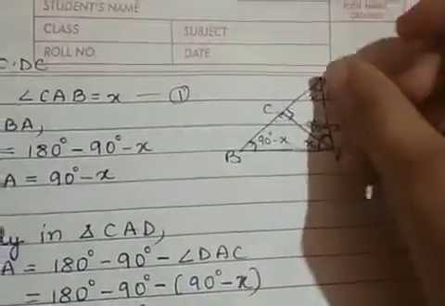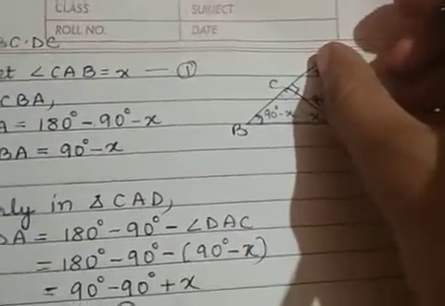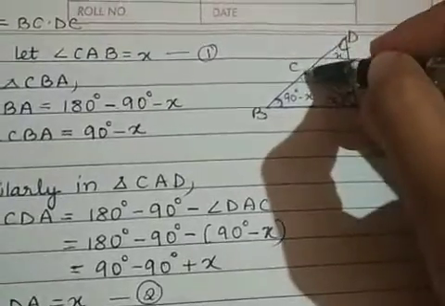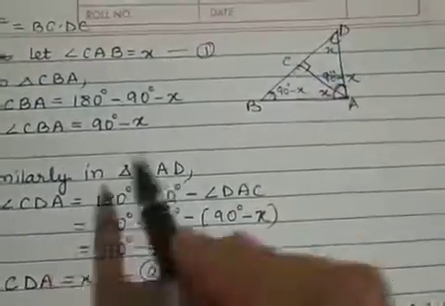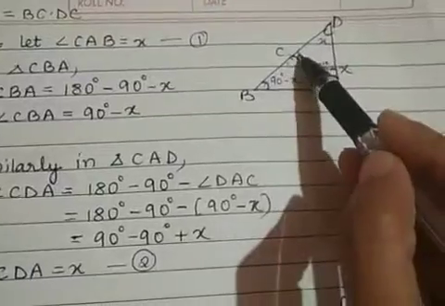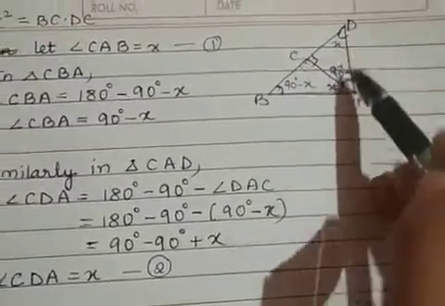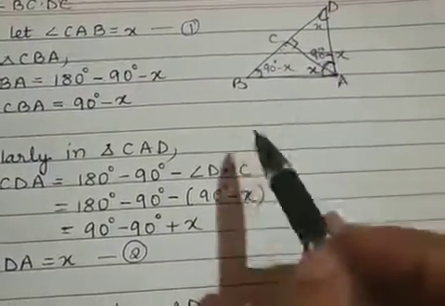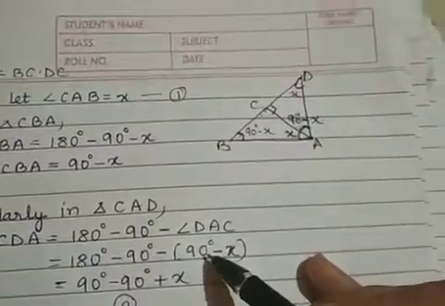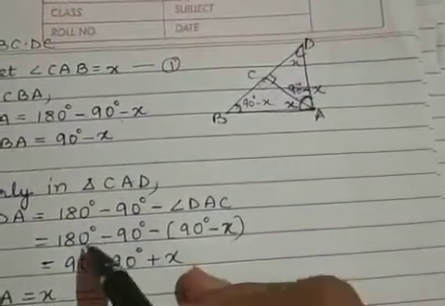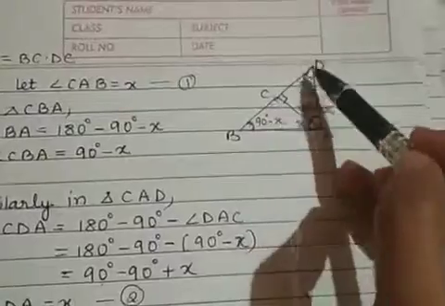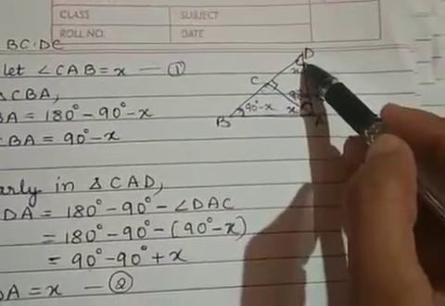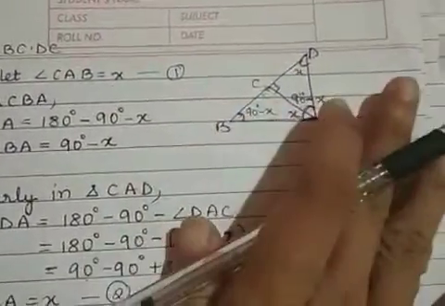Now if I want to find angle D, then again I will use angle sum property. So angle CDA will be 180 degrees minus 90 degrees minus angle DAC, this angle. And this angle we have found to be equal to 90 minus x. And on solving we get angle CDA as x. So we have got all the angles.